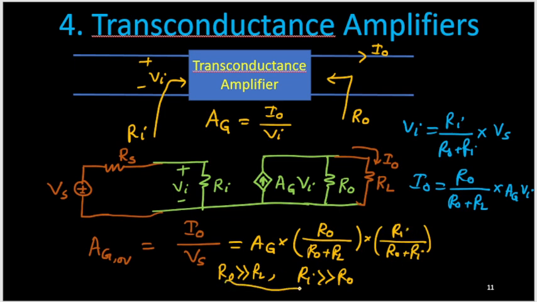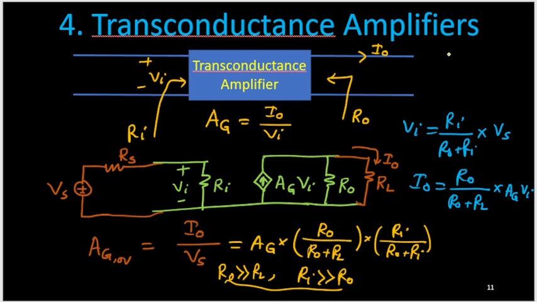Again, this condition is just the opposite of the transresistance amplifier. In this case, both the output resistance R naught and the input resistance Ri should be very high compared to the corresponding load resistance and source resistance.